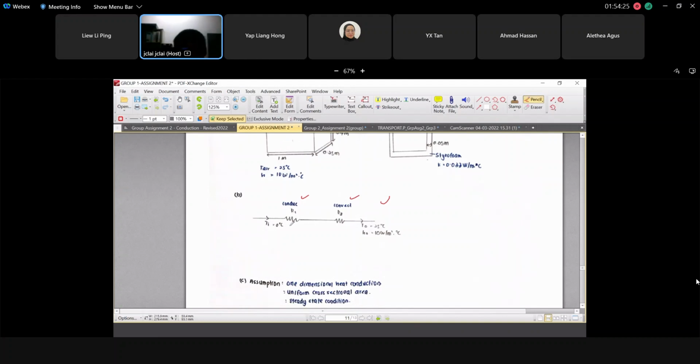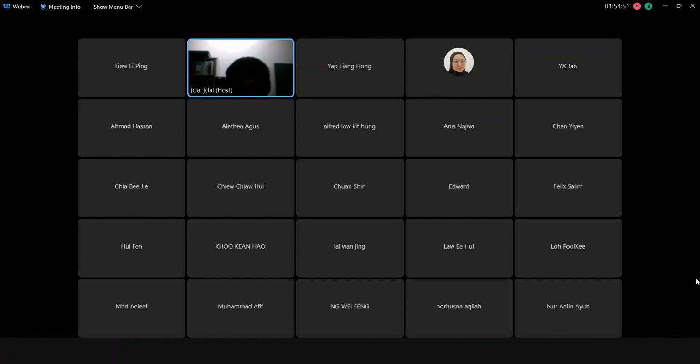Because the thickness of all the surfaces is the same. If the thickness of the surface is different, then this is wrong already. Okay, let me show you the basic equation.